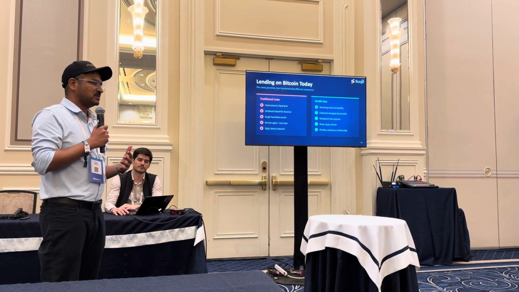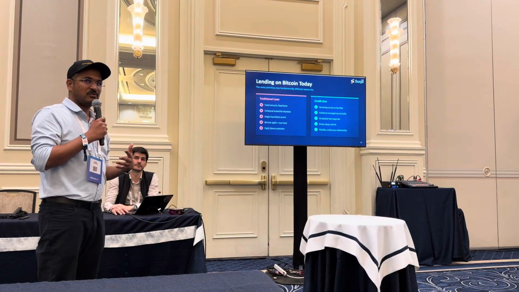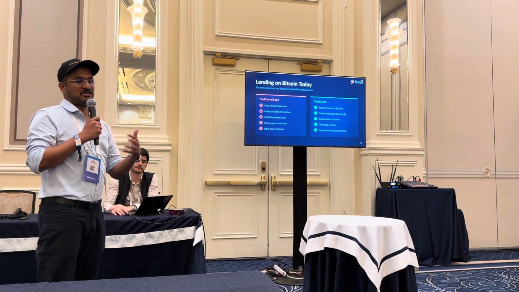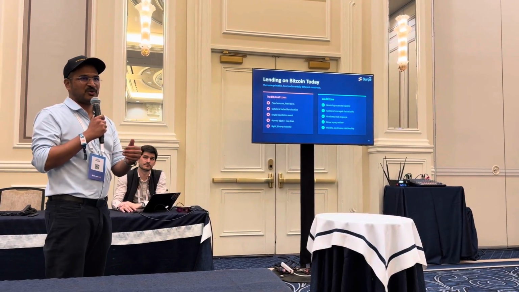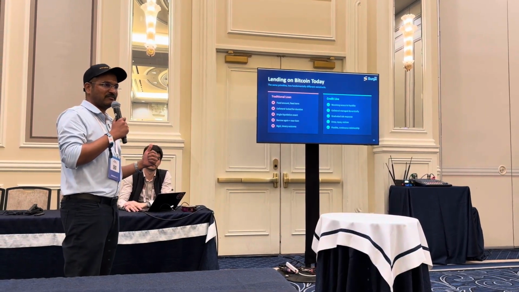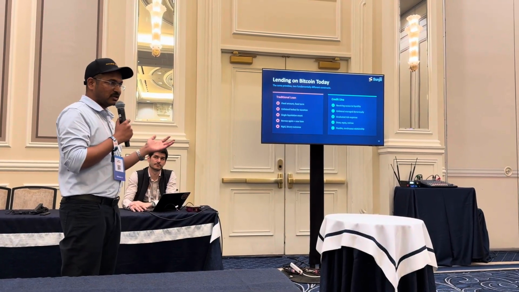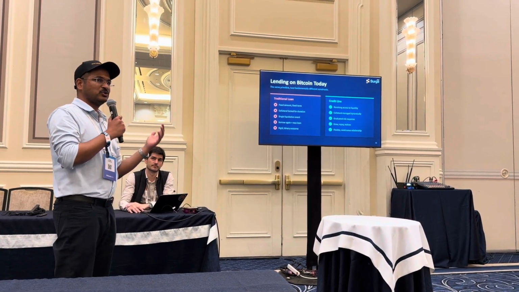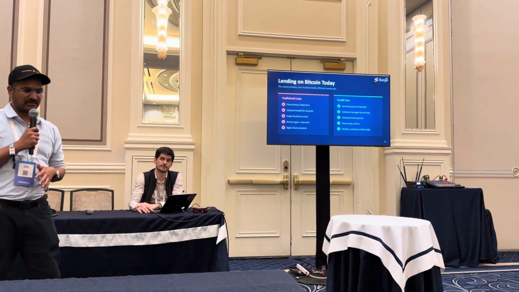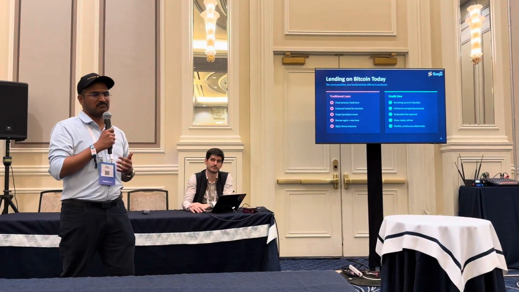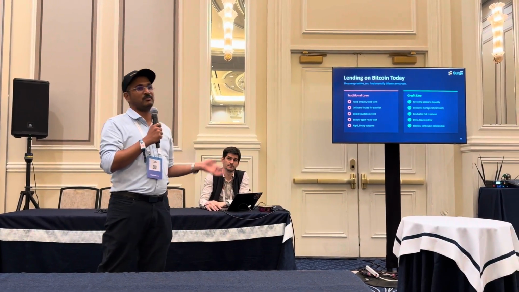So what is a credit line? You hold a pristine asset, and the protocol should actually do its best for you, versus you following all the constraints of a protocol. So in our case, it's revolving liquidity. You can go and borrow how much you want. Let's say you go and lock in 1 Bitcoin. If you are at 50% LTV, you can borrow up to $50,000, or you can do $10,000 and then come back, repay, or you can borrow more.